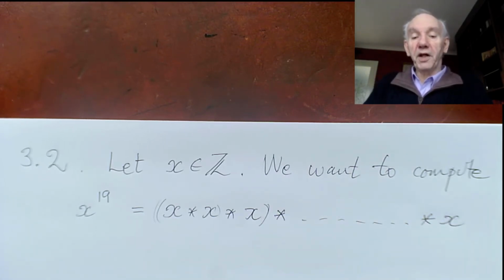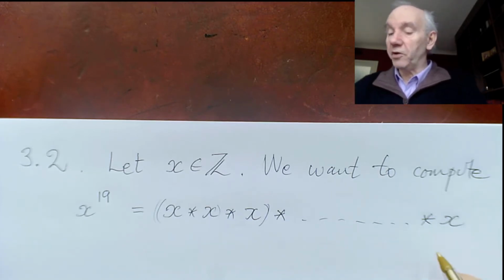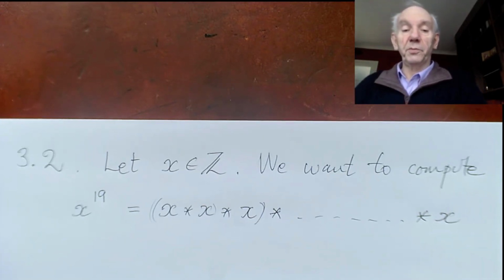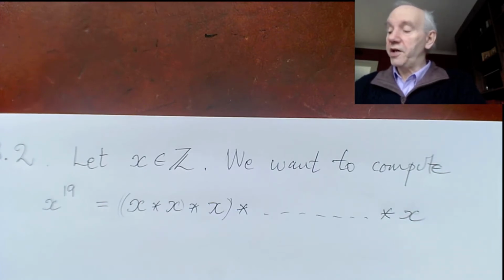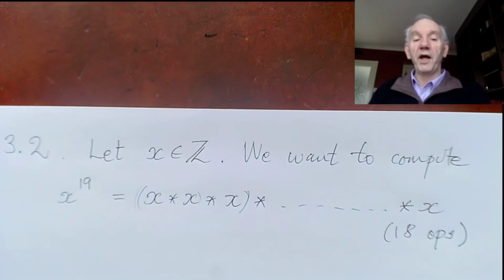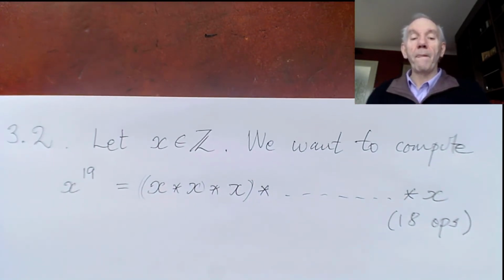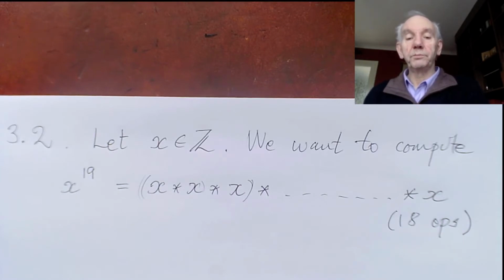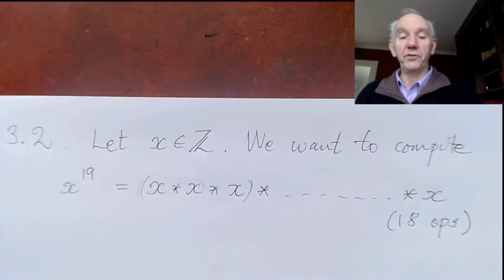How many multiplications do we have? We have 18 multiplications, 18 operations. That would be the naive way of computing x to the power 19. If you have a calculator like on a mobile phone that doesn't have powers, one way would be to do it this way.